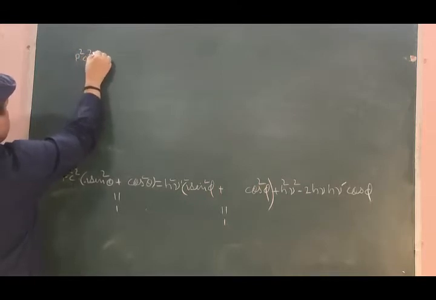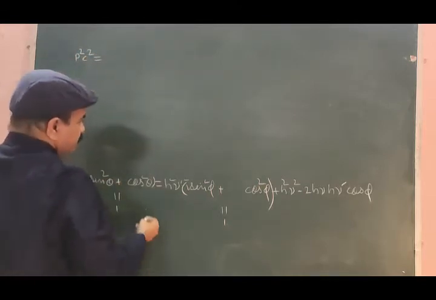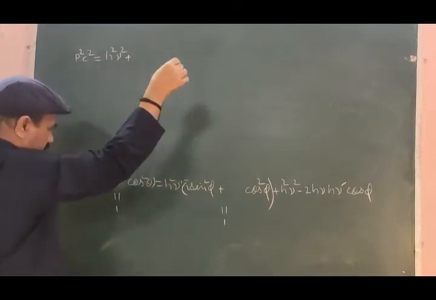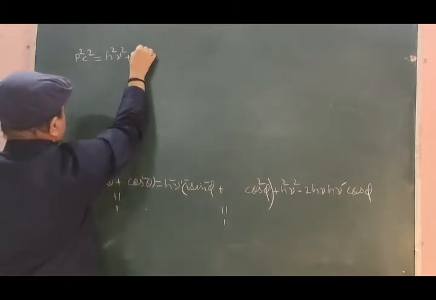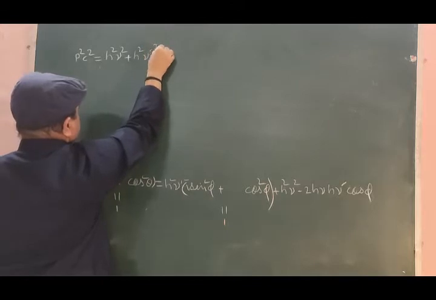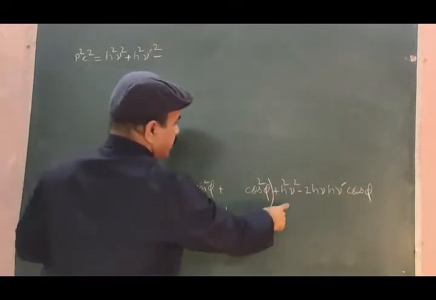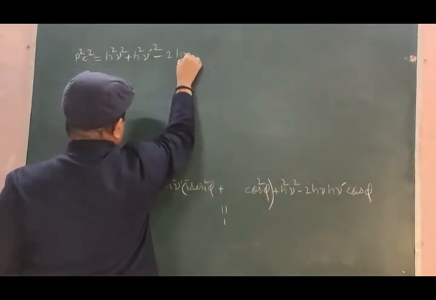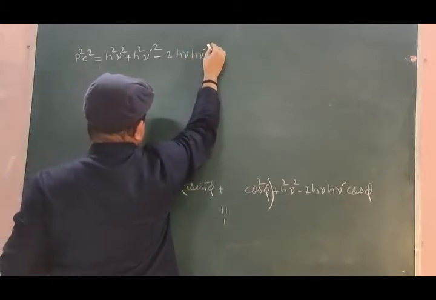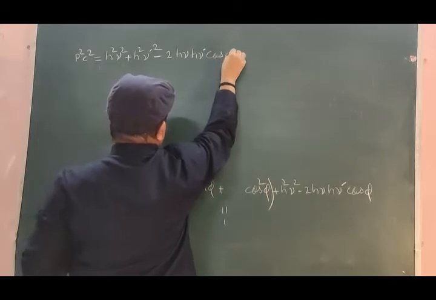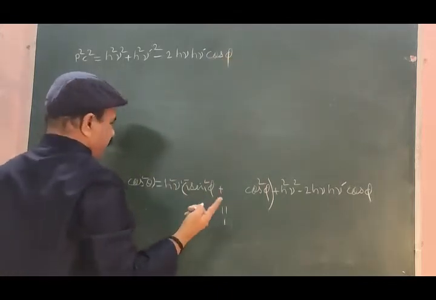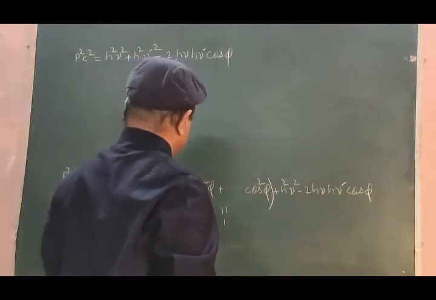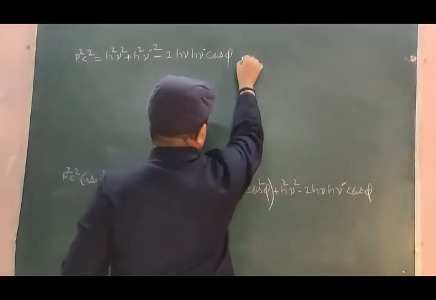p square c square is equal to h square nu square plus h square nu dash square minus 2 h square nu nu dash cos phi, equation number 9.